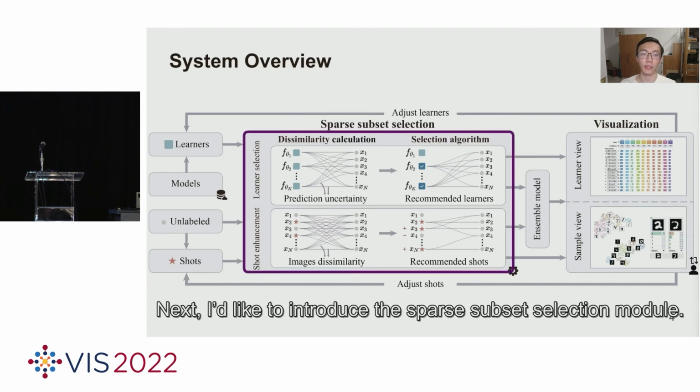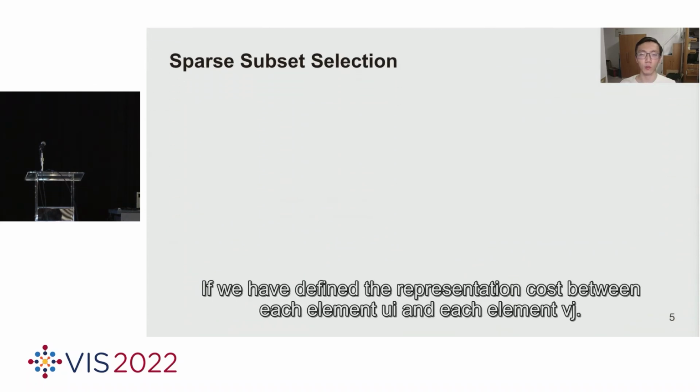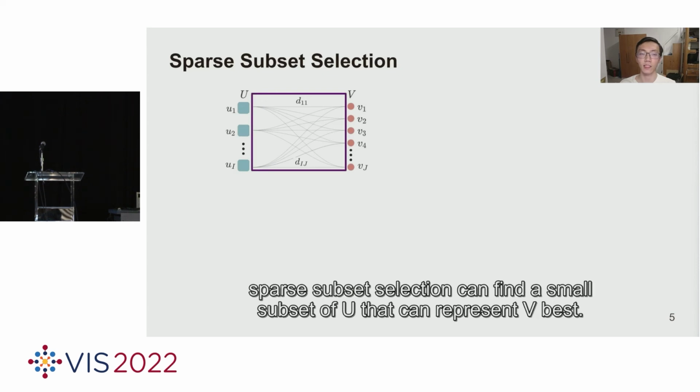Next, I'd like to introduce the sparse subset selection module. If we have defined the representation cost between each element Ui and each element Vj, sparse subset selection can find a small subset of U that can represent V best.